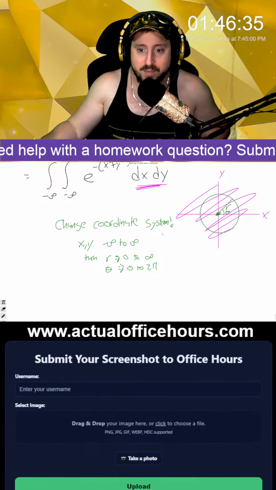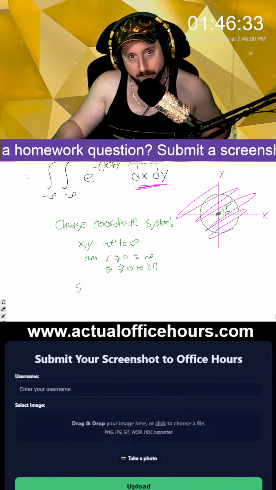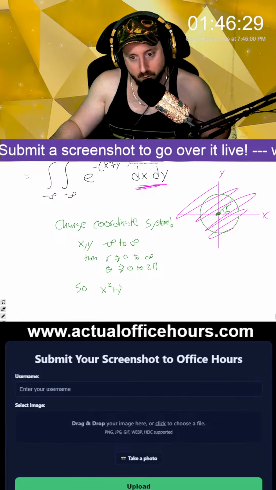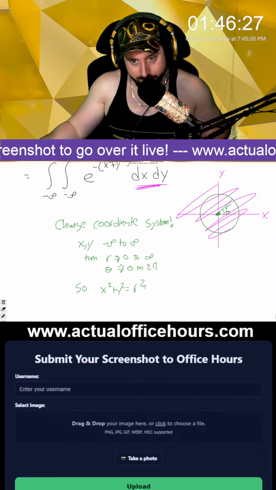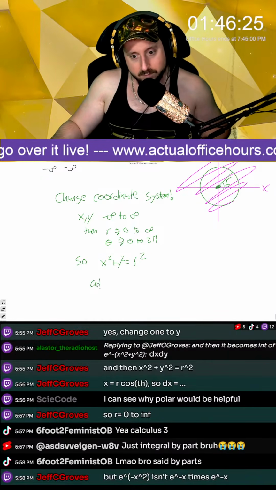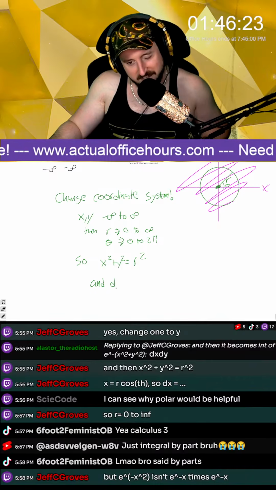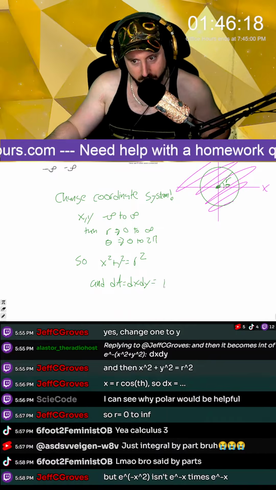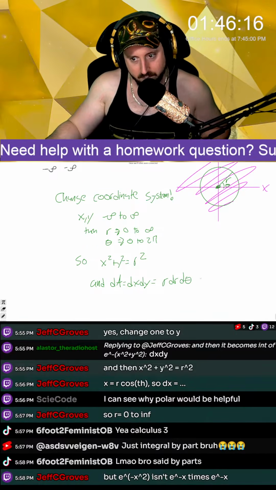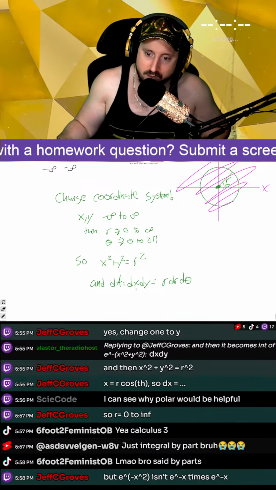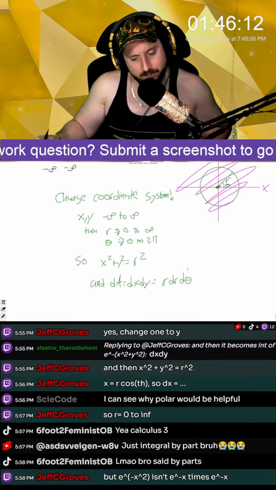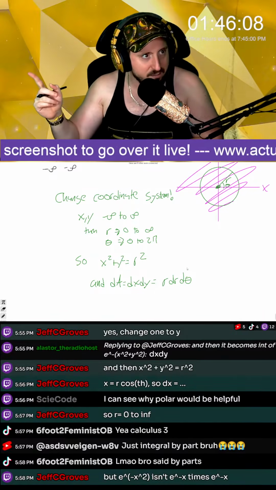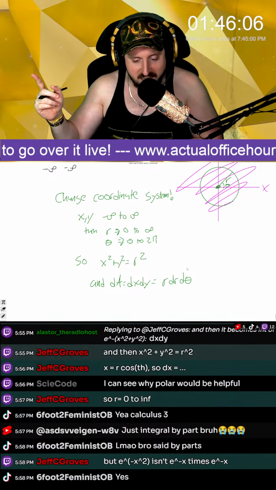Okay, so in that case, x squared plus y squared is equal to r squared. And dA, which is equal to dx dy, is equal to r dr d theta, I believe, right? This is the conversion for dA from Cartesian to polar. You can get this by doing, I want to say, the Hessian or something.